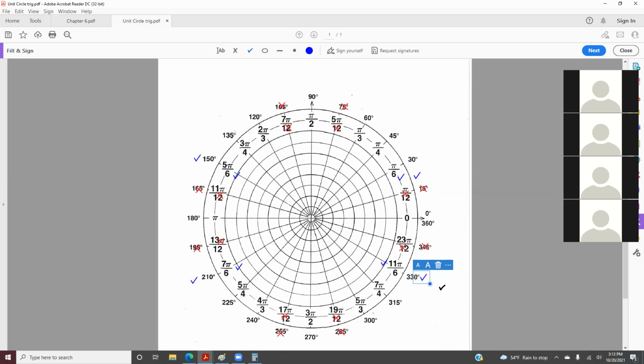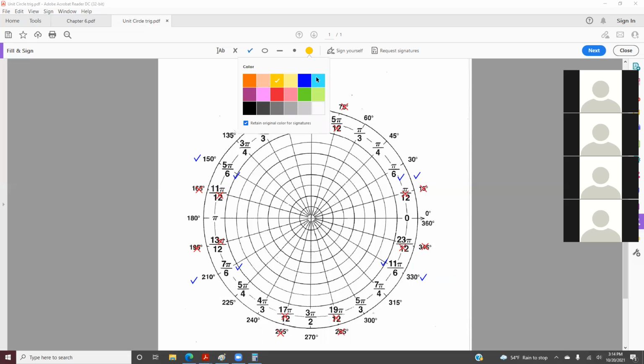The ones that I put the checkpoint on in blue are what we call reference angles to 30 degrees. So if I ask pi over 6, it's going to be 5 pi over 6, 7 pi over 6, and 11 pi over 6. Or 30 is 30, 150, 210, 330 degrees. That is called a reference angle for 30 degrees.